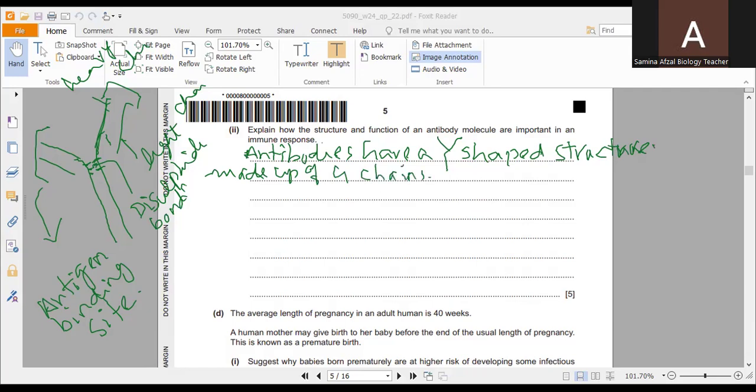The tips of the Y-shaped structure form the variable region, where the microorganisms will be attached.